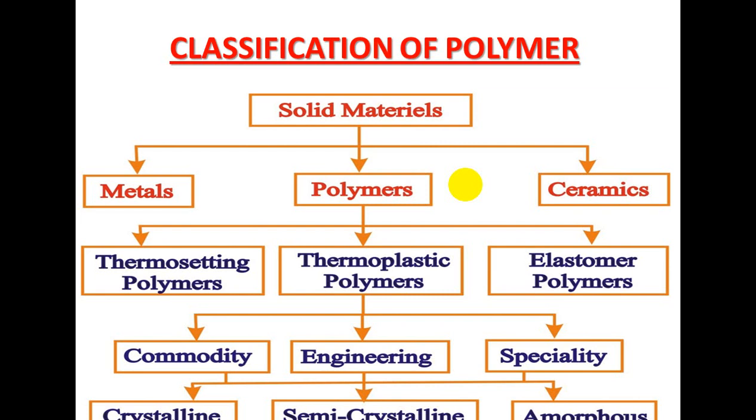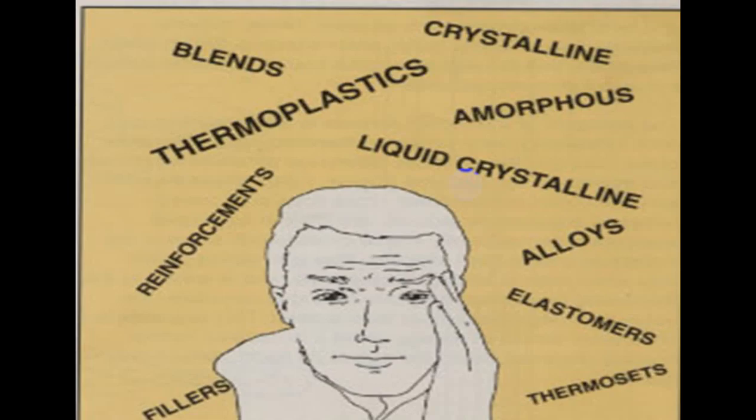But here our discussion is confined to plastic. So we think about plastic polymers. Here there are thermoset polymer, thermoplastic polymer, and elastomer polymer. Here again they are classified further, so we will study them in detail.